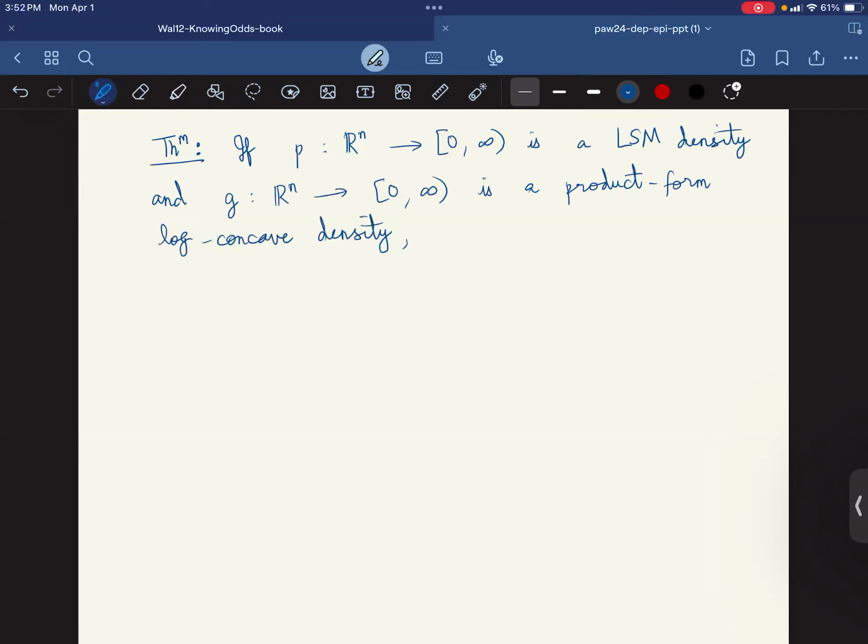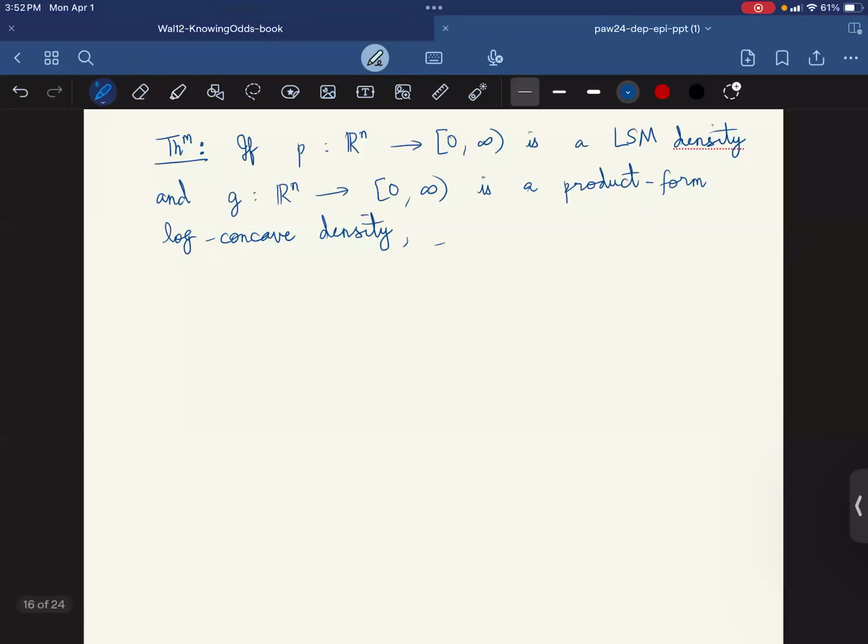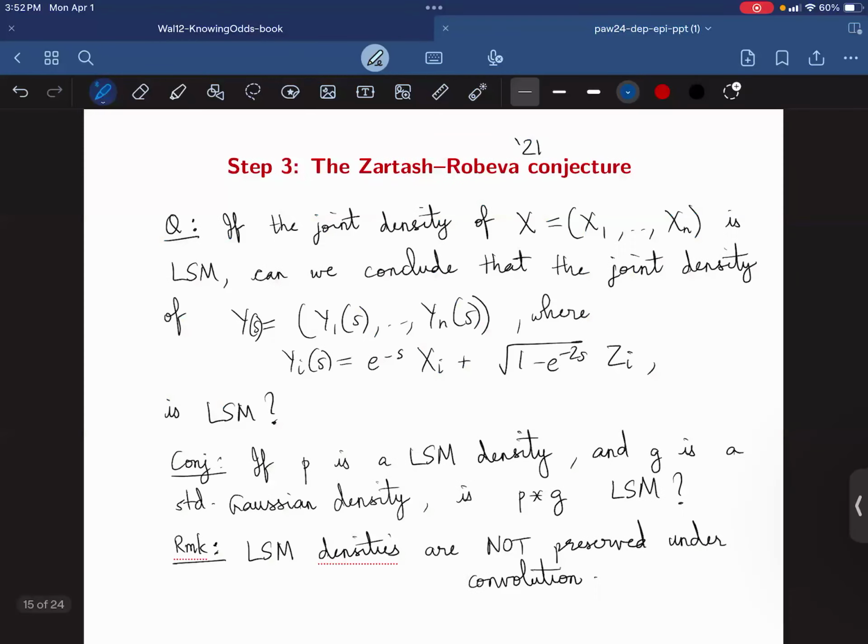Right. So in other words, if you take a random vector drawn from G, then its components are independent, right? That's what the product form means, and that it is log concave. Then P star G is log supermodular. This solves the conjecture of Zartash and Robeva positively, because the standard Gaussian is a product form log concave density, and therefore one has log supermodularity of this convolution, and therefore one has the main result.